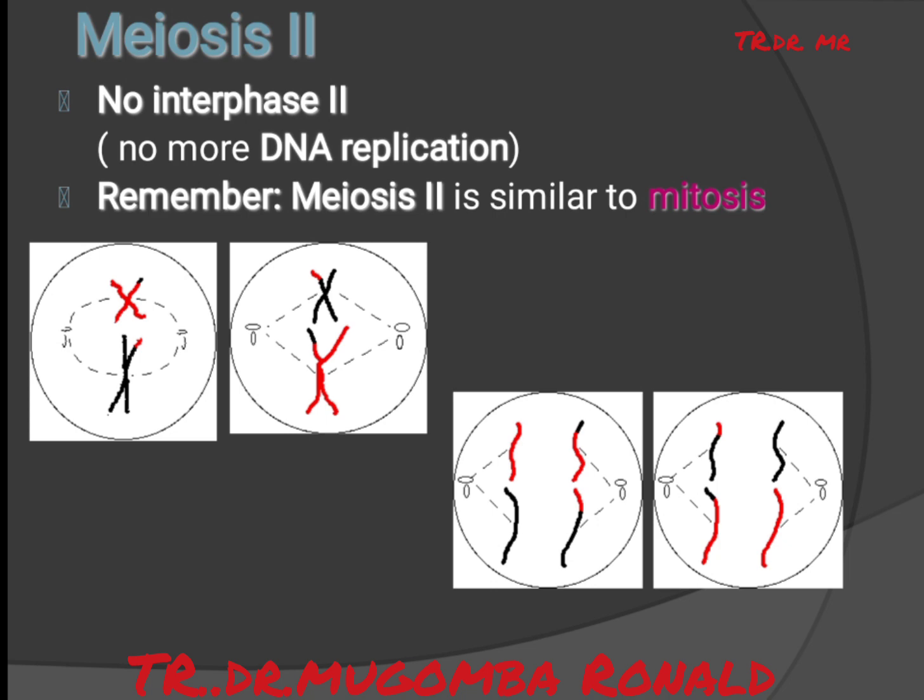Another note is that meiosis 2 is similar to mitosis, as we outlined earlier. You can clearly see that during prophase the chromosomes condense, then in metaphase they align themselves at the metaphase plate.